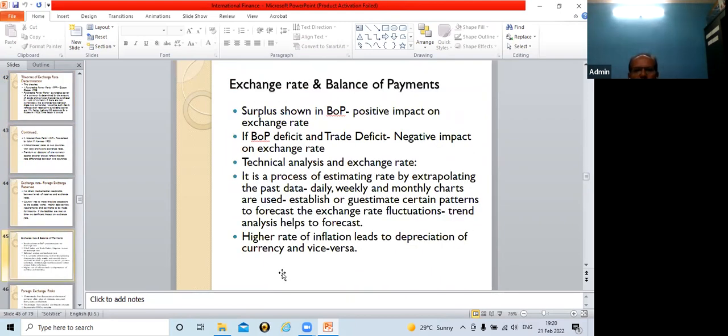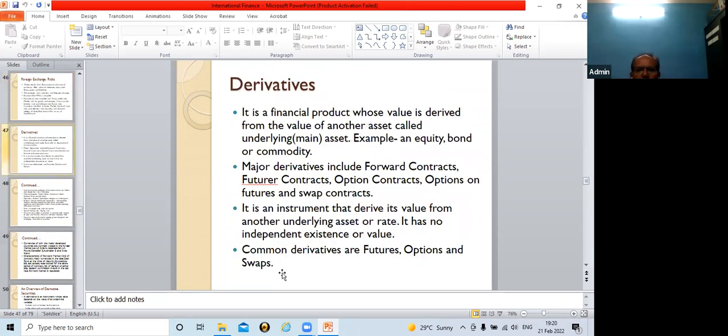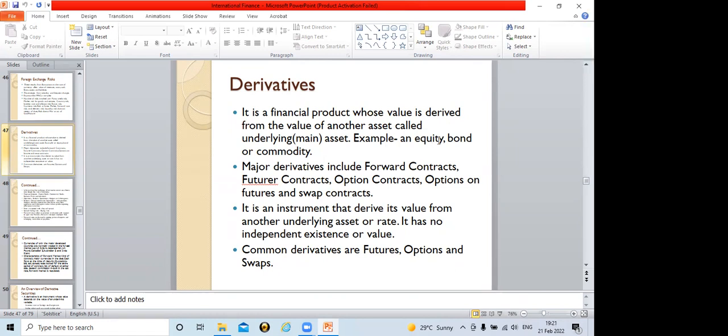Derivative market is where there are derivatives. Derivatives. It is a financial product whose value is derived from the value of another asset. म्हणजे बघा कसं असतं, there is one main asset, okay. Example, an equity.